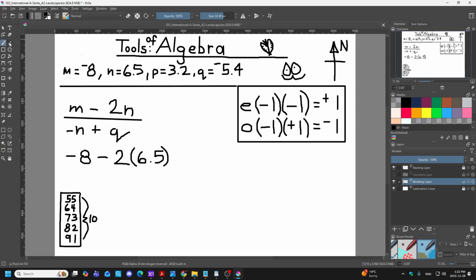And that's going to be all divided by a negative n, which is turning this positive to a negative now. 6.5. Essentially, that's what it's doing. Okay.